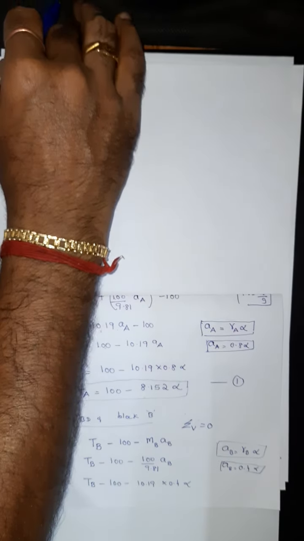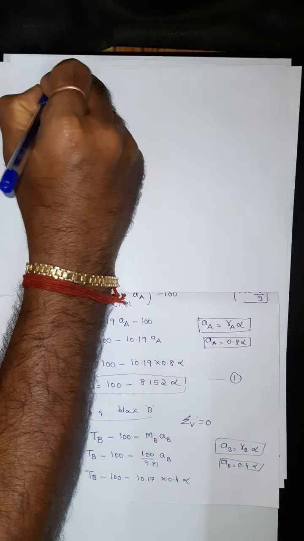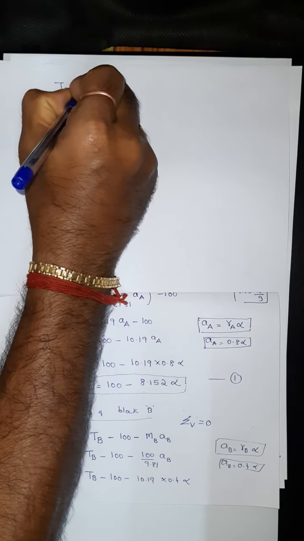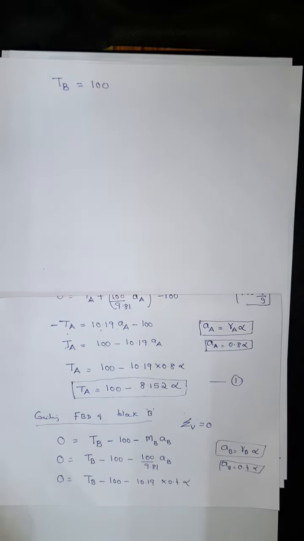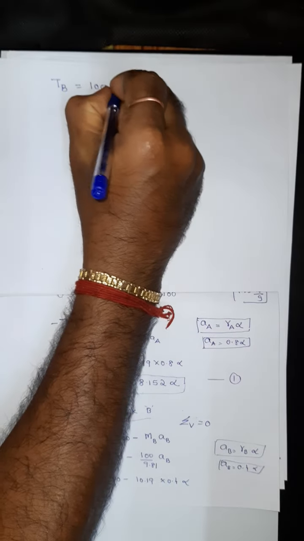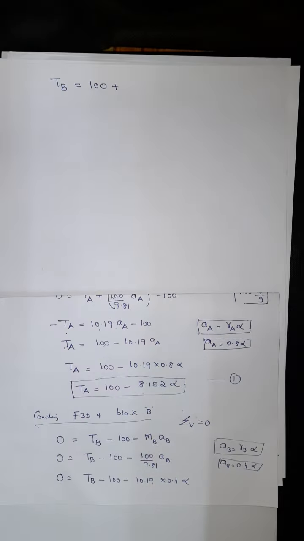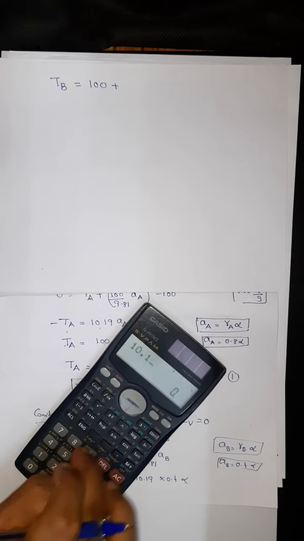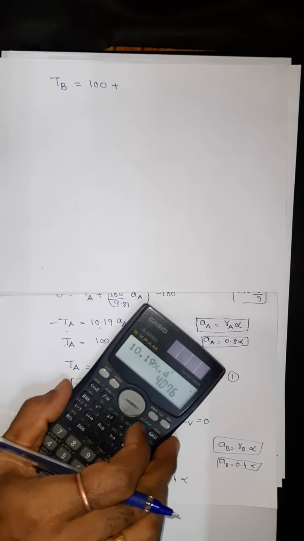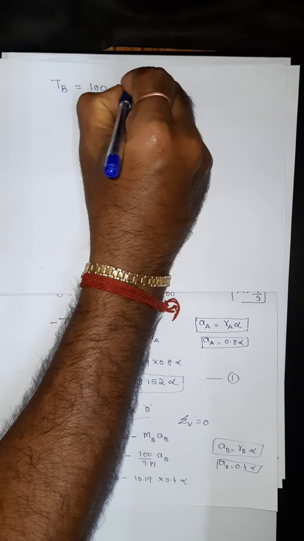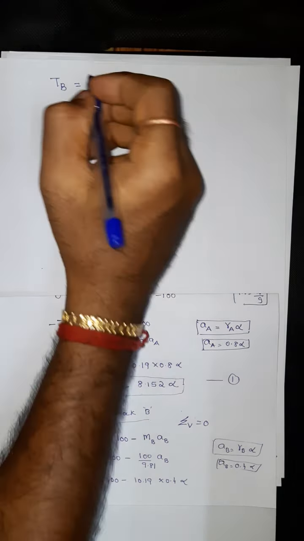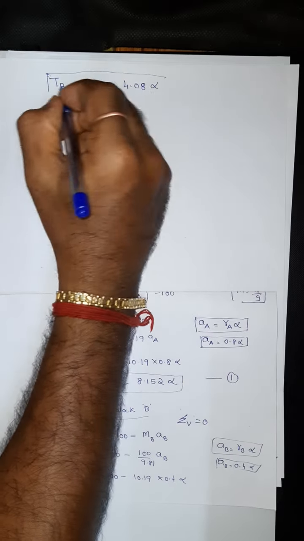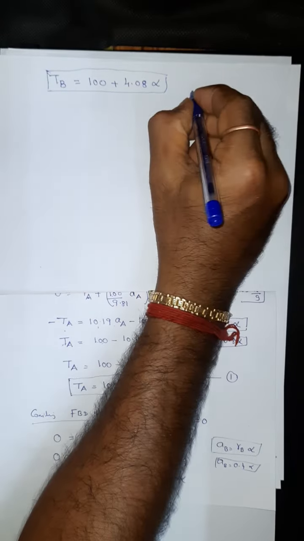Let me take TB to the other side. So TB equals 100 plus 10.19 into 0.4, which is 4.08 alpha. So equation number 2.